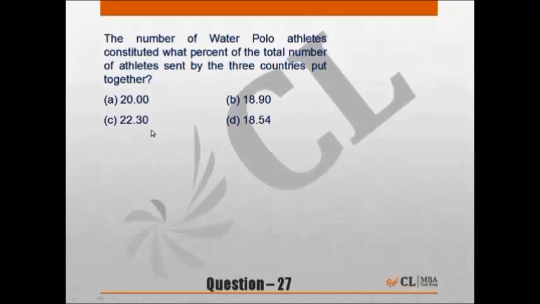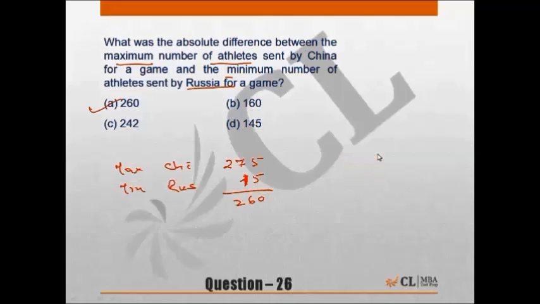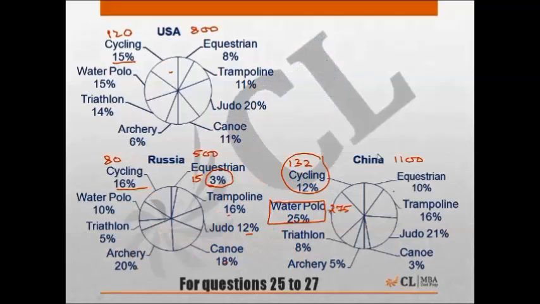Question 27. The number of water polo athletes constituted what percent of the total number of athletes sent by the countries put together? Okay, so let's find out the total number of water polo athletes. We know that the total number of athletes is 2,400. Water polo US is 15%, so water polo in US is 120.